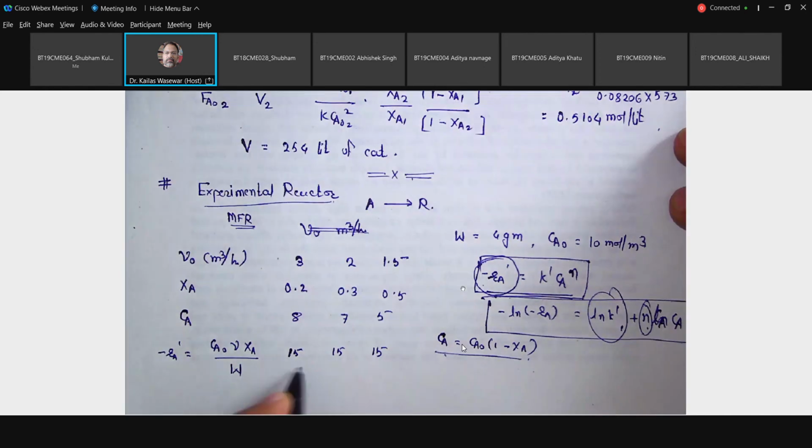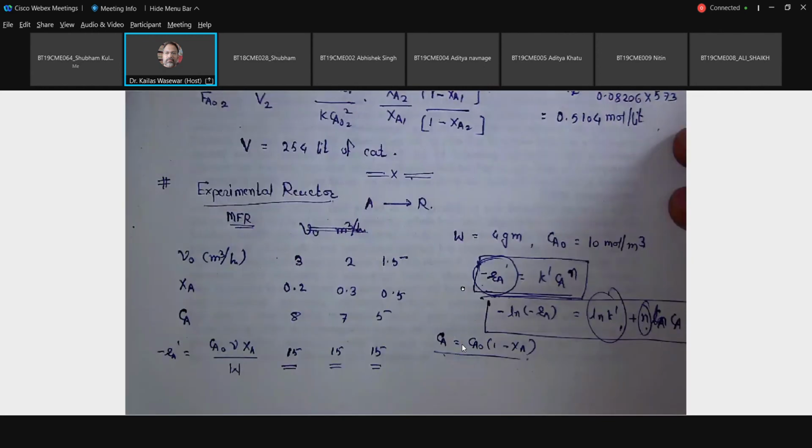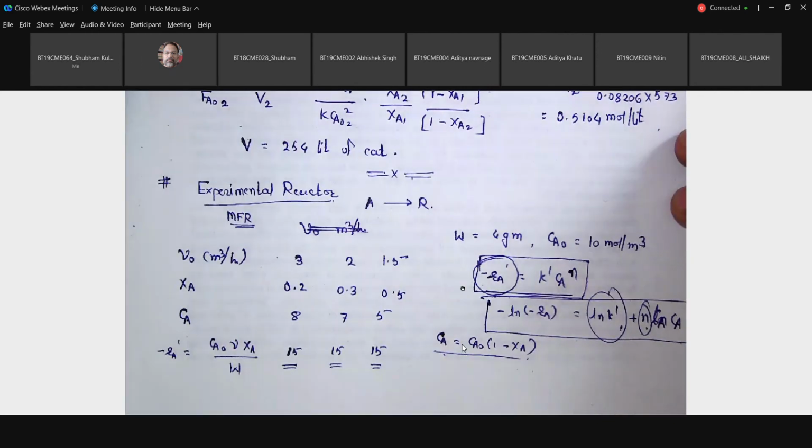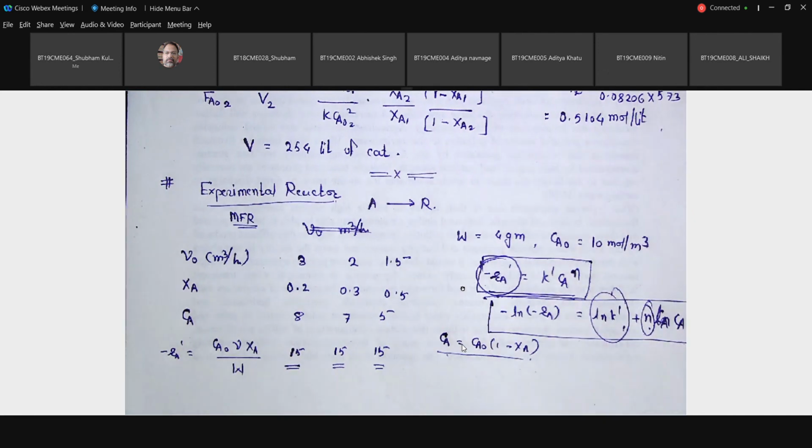So what can you say about this one? If rate is constant, what will be the order of reaction? If rate is constant, then the order of the reaction will be what? Anyone?